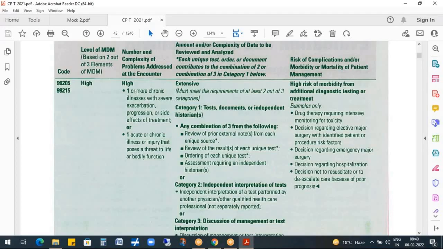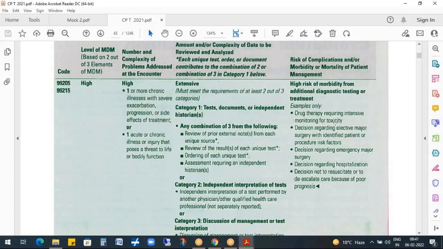Try to focus only on number of diagnosis and management options. In plan, if they said they're going to perform a major procedure with risk factors, then it may be a high risk condition. Always go by the treatment method. You can understand the type of diagnosis there. Understood what I am saying?